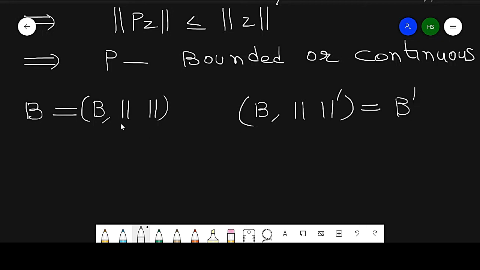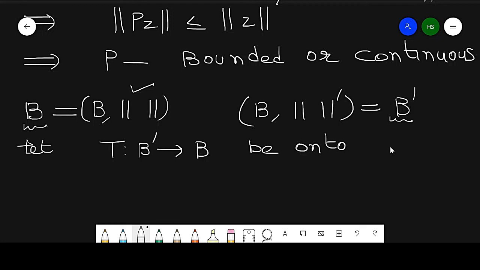So remember that all the elements of B and B dash are the same, but the difference is when we operate with B, we apply this norm, and when we operate with B dash, we apply the dash norm. Now I define a map T from B dash to B. Let it be the onto identity mapping.